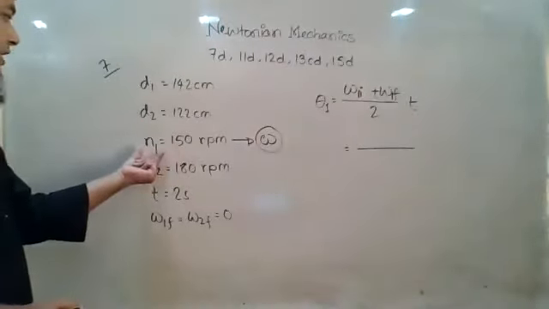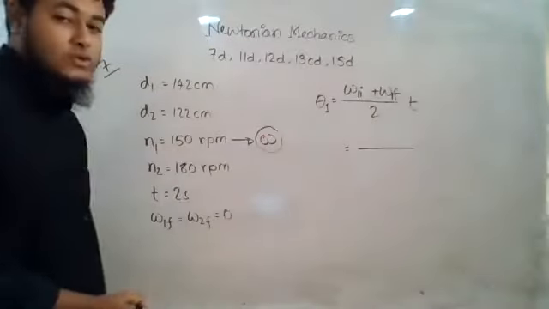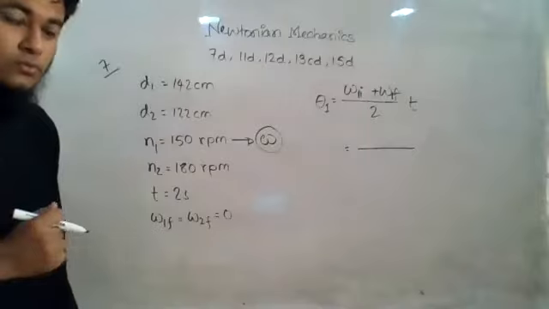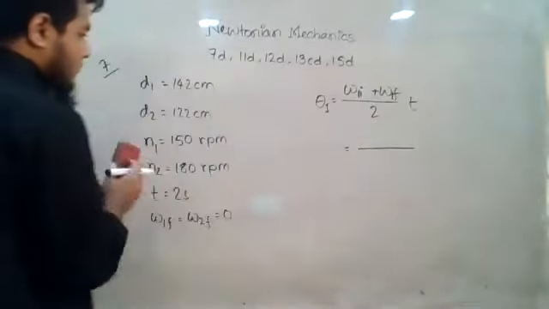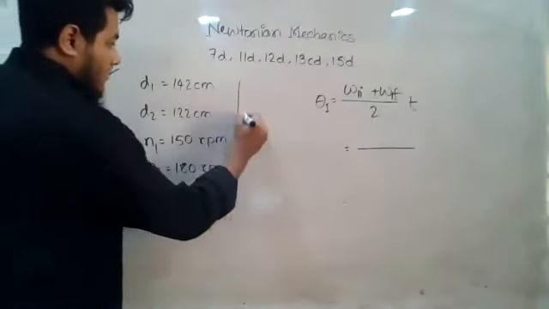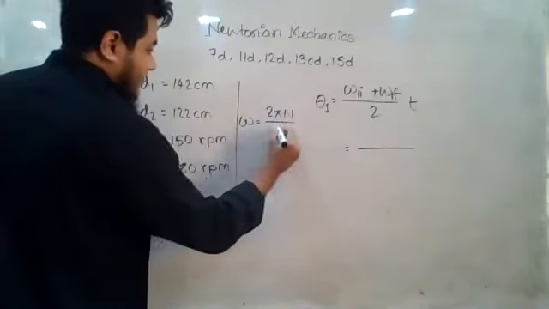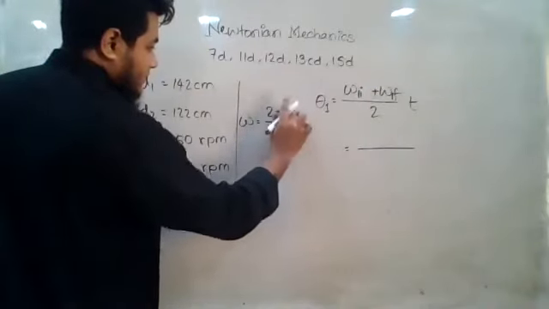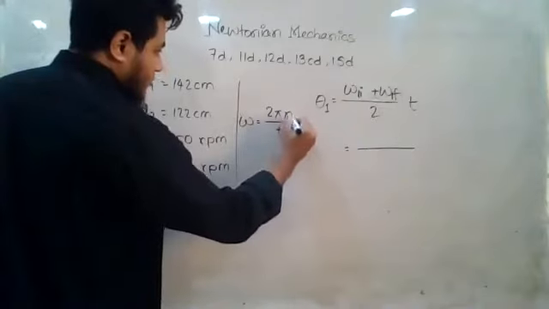I told you that if n is given, from there you can calculate omega. How? The formula to calculate omega is 2 pi n divided by t.